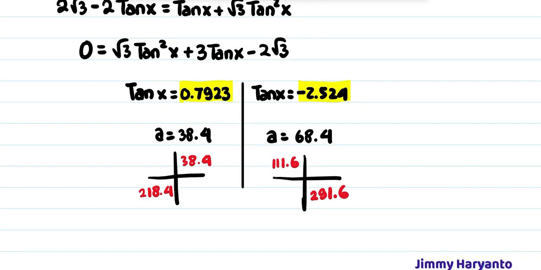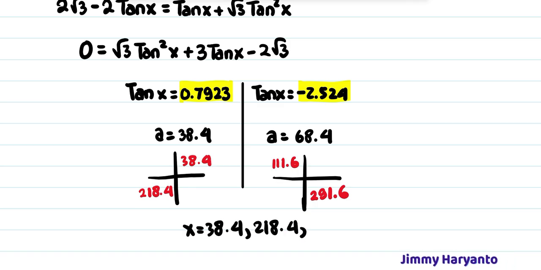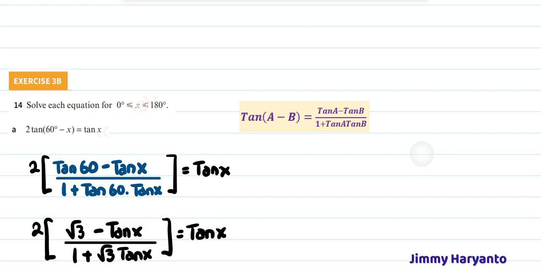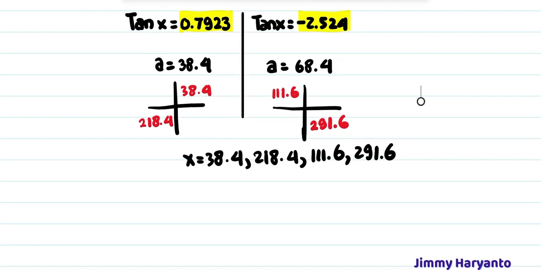Okay, so the x is 38.4, 218.4, 111.6, and 291.6. The interval is from 0 until 180, so we have to reject this one and this one. So the final answer is this one.